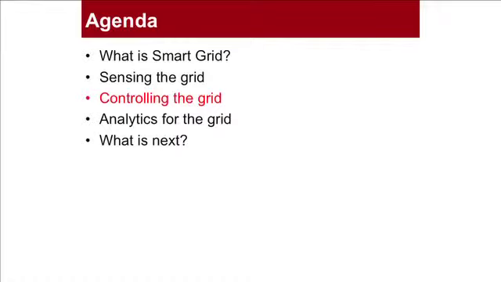So the first big question in controlling the grid is that if I have measurements from my generators and I have measurements about the load, how do I dispatch the generation? Now, one thing is that we know wind and solar cannot be controlled, so you have to take them as given.